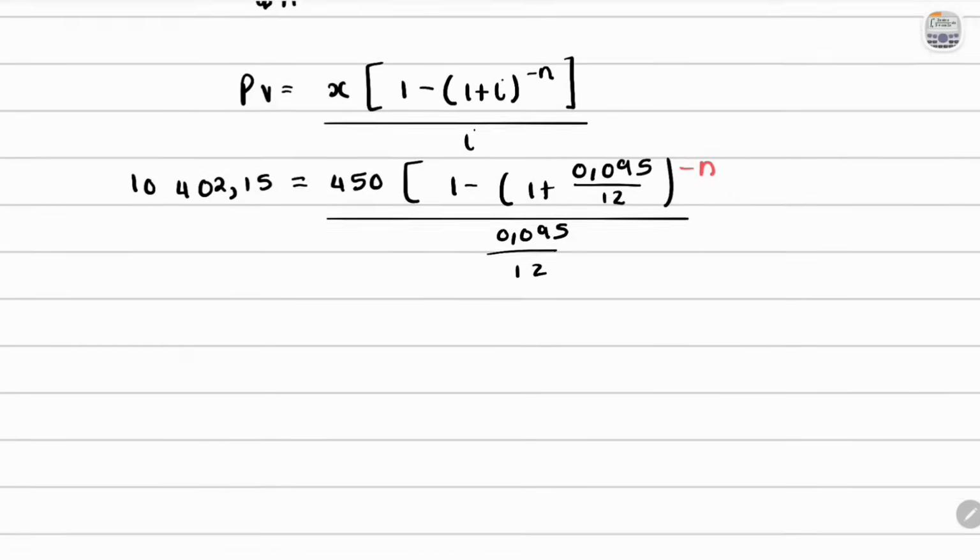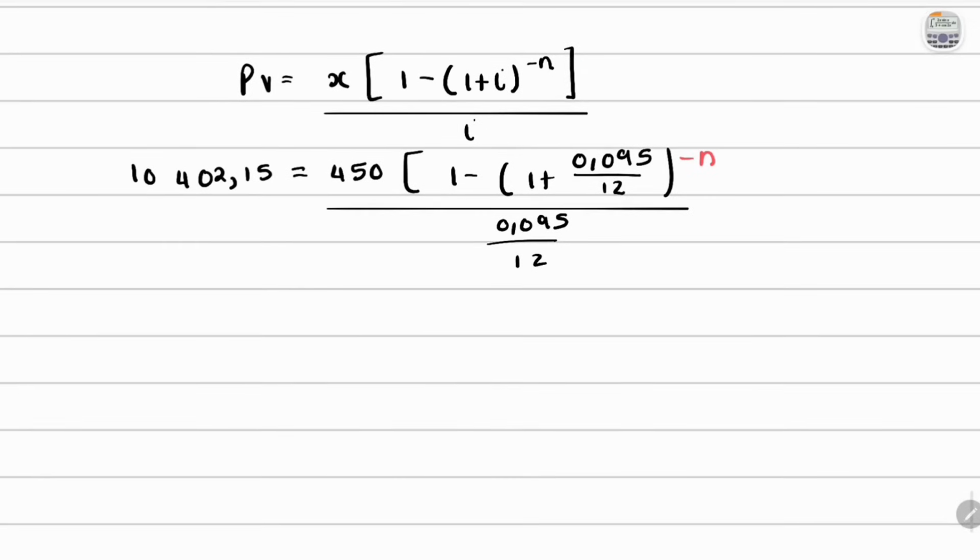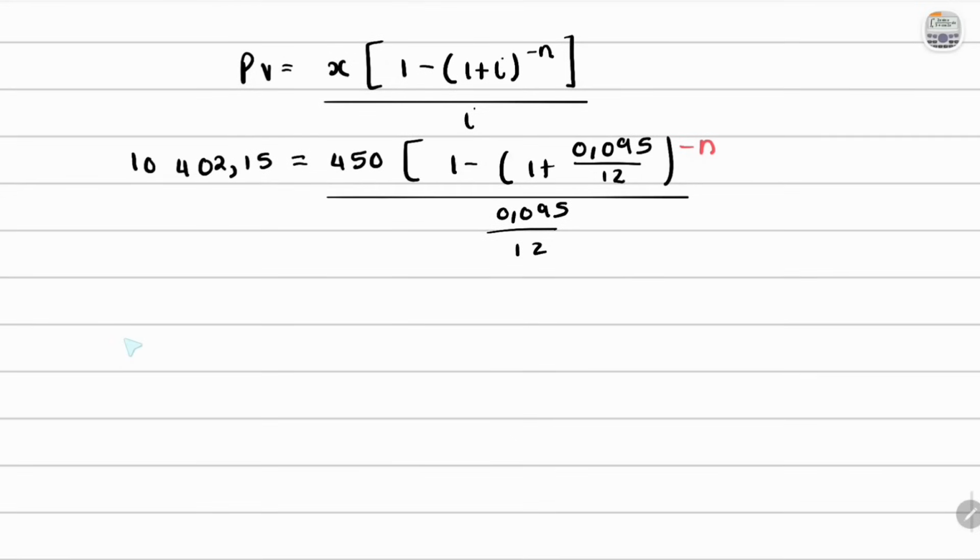Okay, let us simplify. So when simplifying this, I'm going to try to avoid decimals. So let's leave this as 10402.15, and then we're going to get rid of this denominator. So since this is a denominator, to get rid of it, you can multiply both hand sides by this number, right?